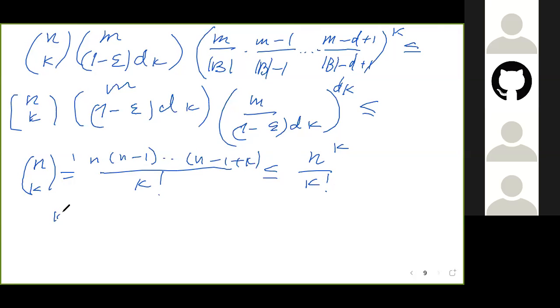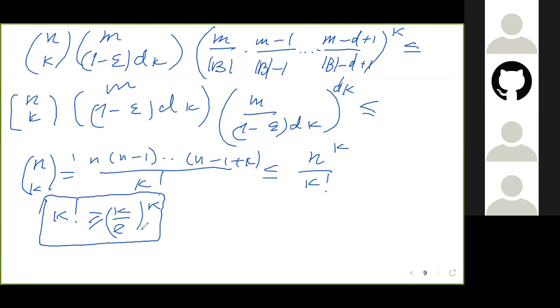And for k factorial, we have the following bound. It is at least k over e to the k. If I have enough time, I will explain how this can be proven. But for now, let's assume that this is indeed true, and then we will obtain the following upper bound. N e over k raised to the power of k.